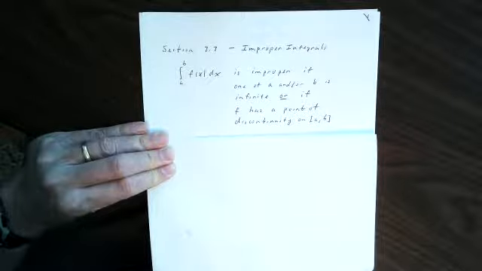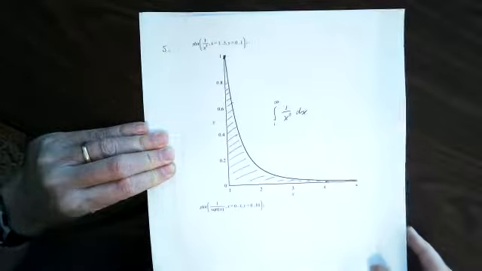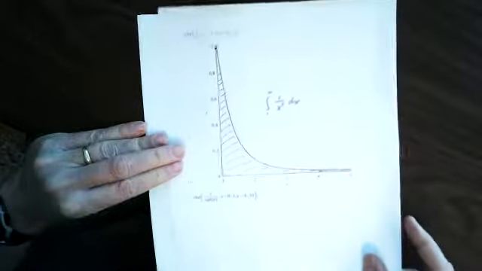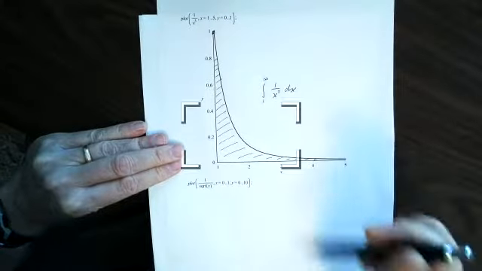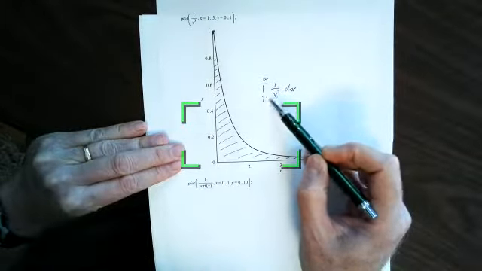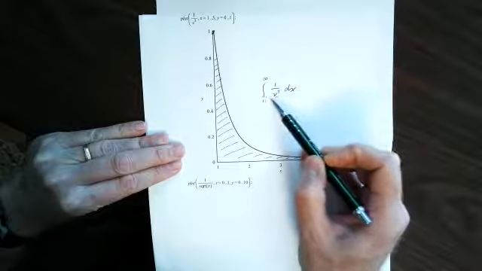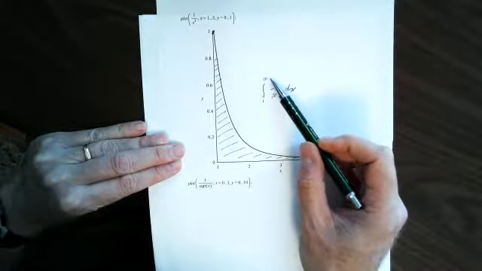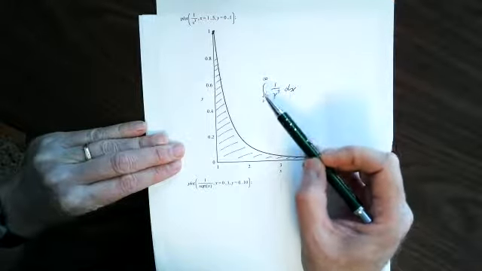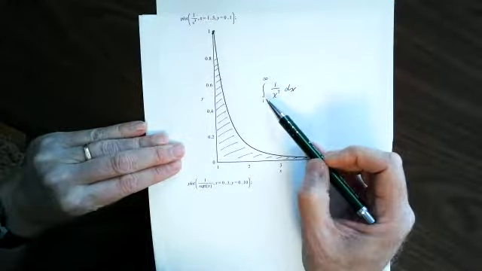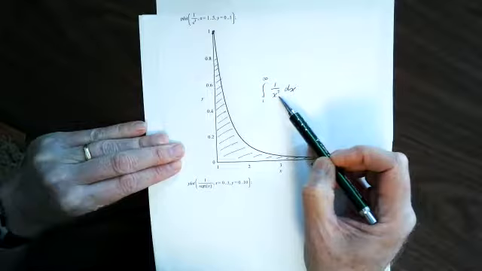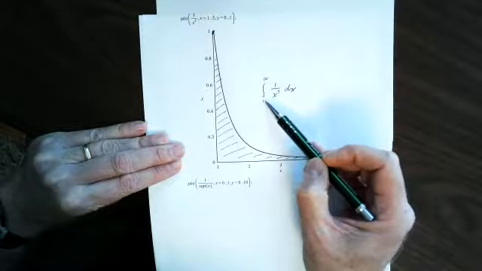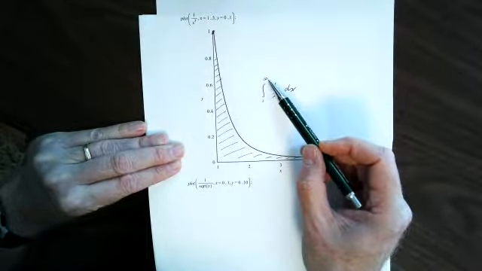So, for example, here is the function 1 over x to the third, the improper integral of 1 over x to the third dx from 1 to infinity. It's an improper integral because one of the endpoints is infinite. And what we're attempting to describe is the area bounded by the graph, the horizontal axis, x equals 1 and x equals infinity.